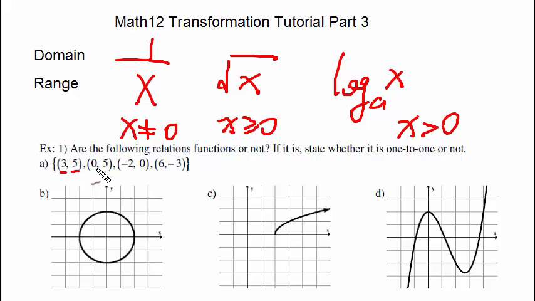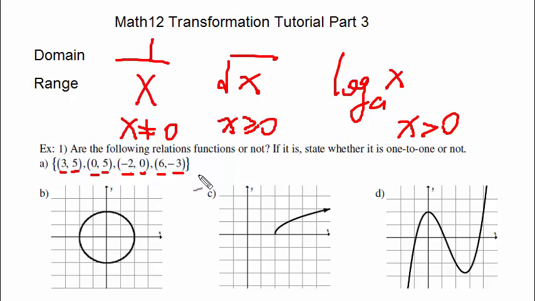That means this function takes 3 and throws out 5. It takes 0 and throws out 5 as well. What if we throw in 1? It's not okay, because 1 is not in our domain. They throw in -2 and get 0 out, they put in 6 and get -3 out.